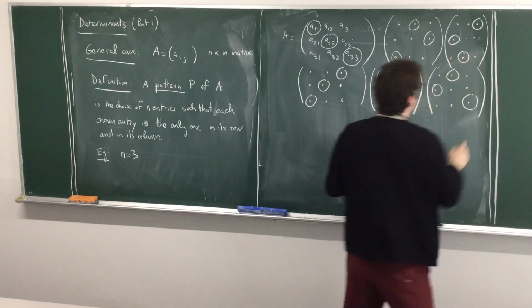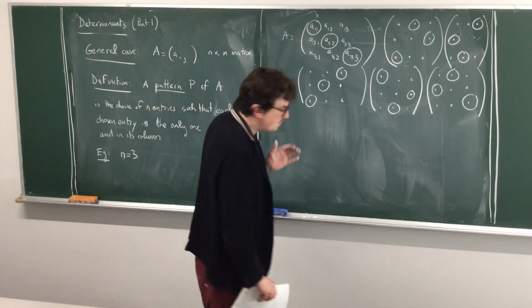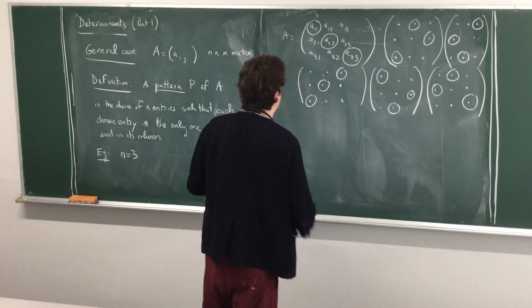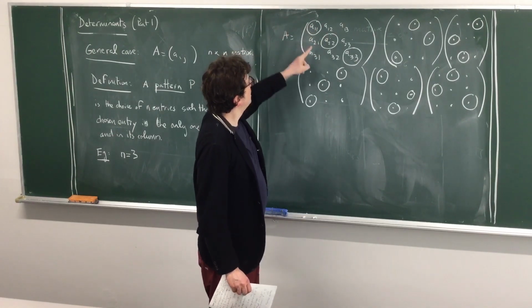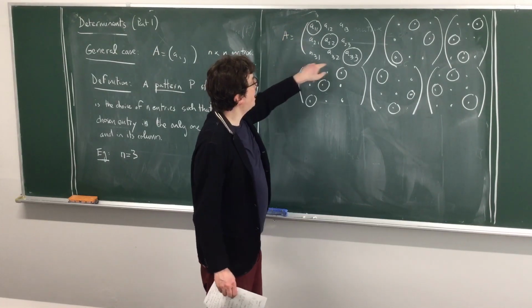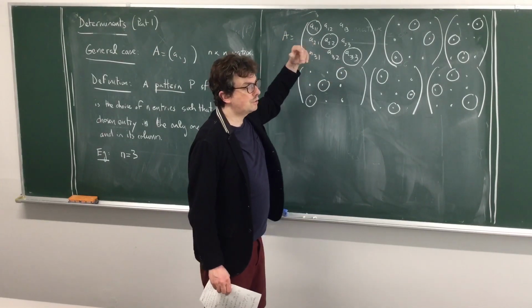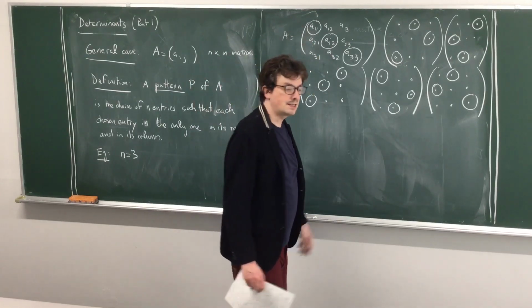Here we go. My claim is that there exist only 6 possible patterns. Why? In the first row I have 3 possibilities. In the second I have only 2 possibilities, 3 times 2, 6. And here I don't have a choice, so 1 possibility only. 3 times 2 times 1, 6.